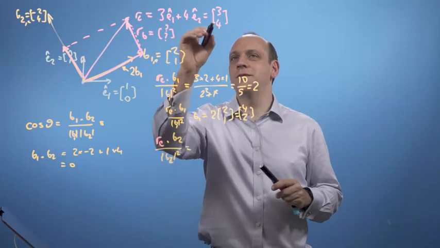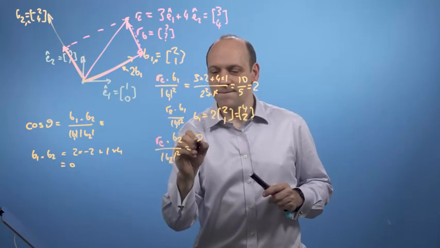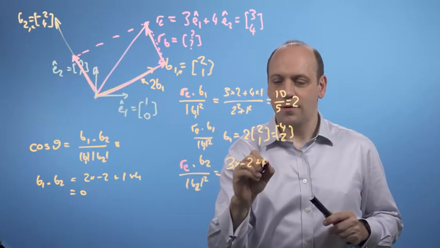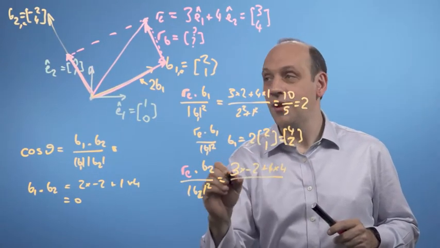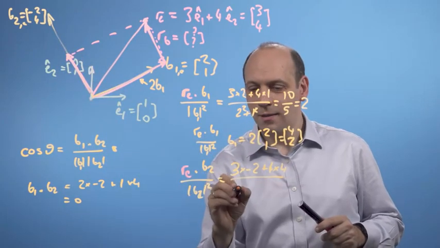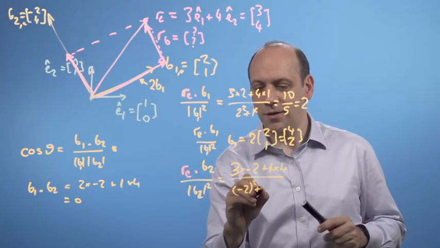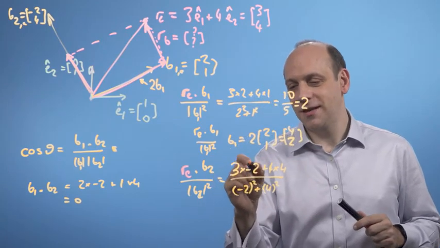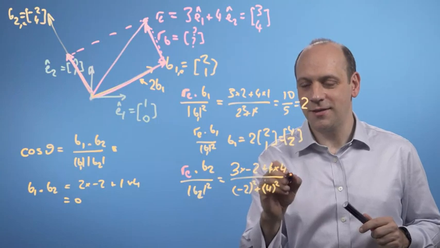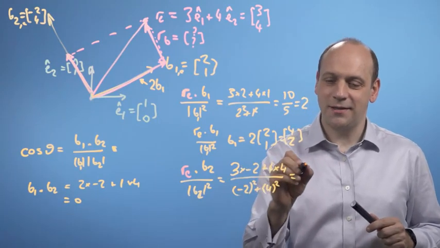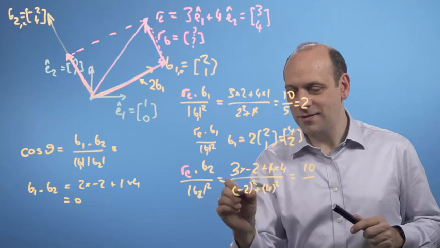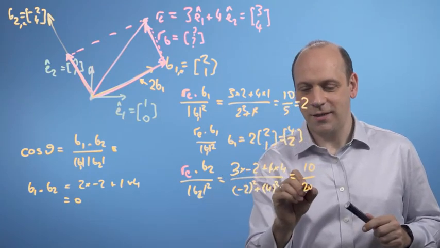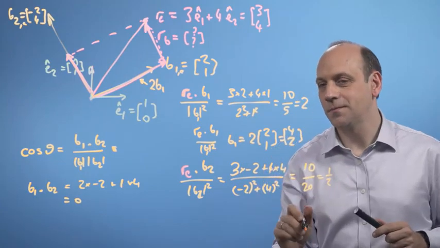And R_E dot B2 is 3 times minus 2 plus 4 times 4, divided by the length of B2 squared, which is minus 2 squared plus 4 squared. So that's 3 times minus 2 is minus 6, plus 4 times 4 is 16. So that's minus 6 plus 16 is 10. Divided by this length here: 4 squared is 16, 2 squared is 4, so 20. So that's equal to a half.